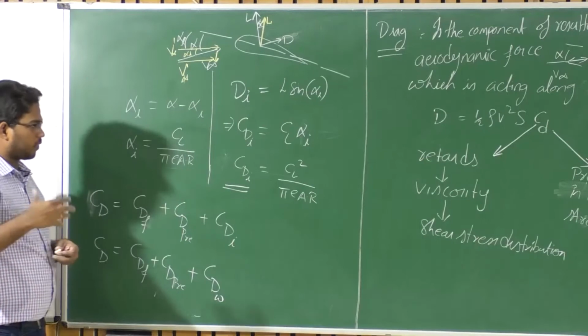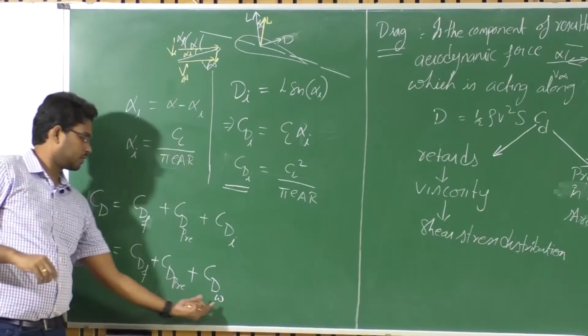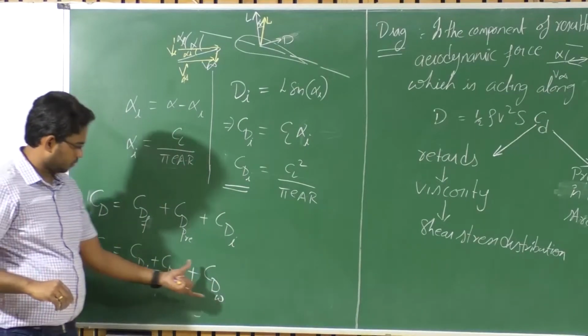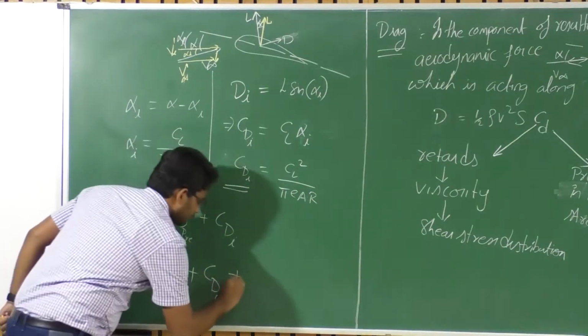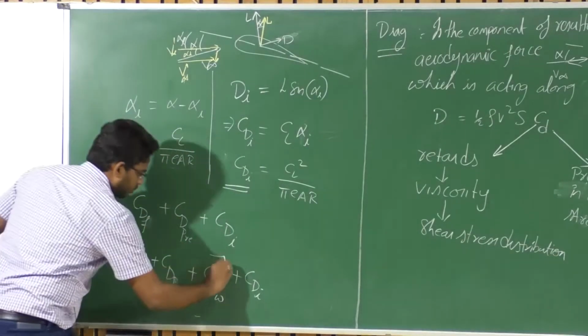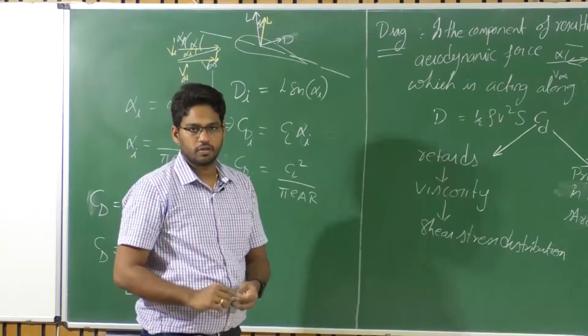We'll very soon discuss why there is a shock wave. For the time being, assume that there are shock waves at higher Mach numbers, which will contribute towards this drag coefficient. So these three put together are known as the parasite drag coefficient.